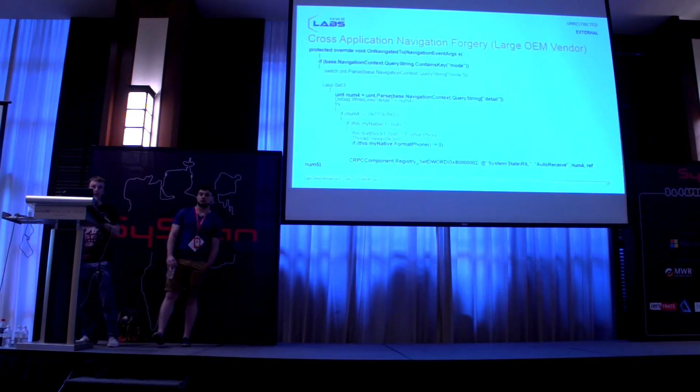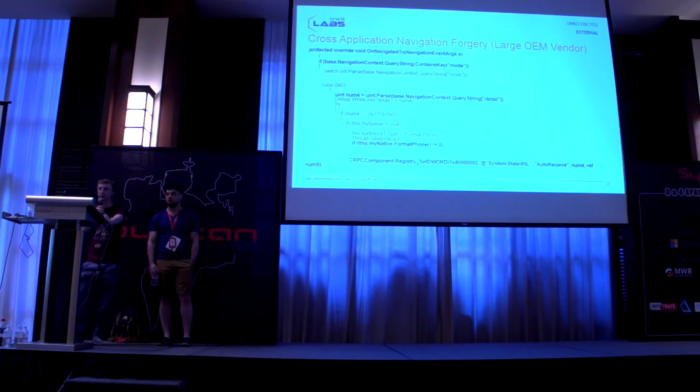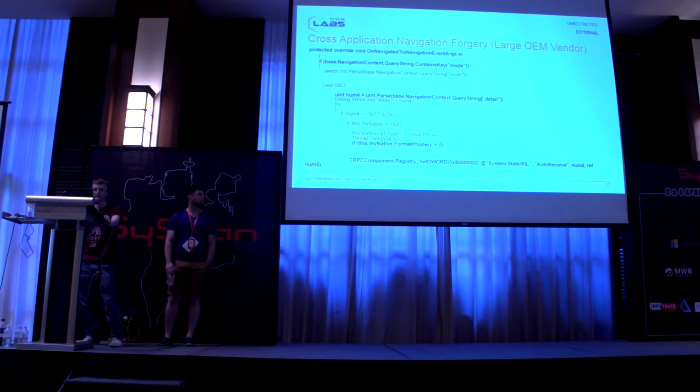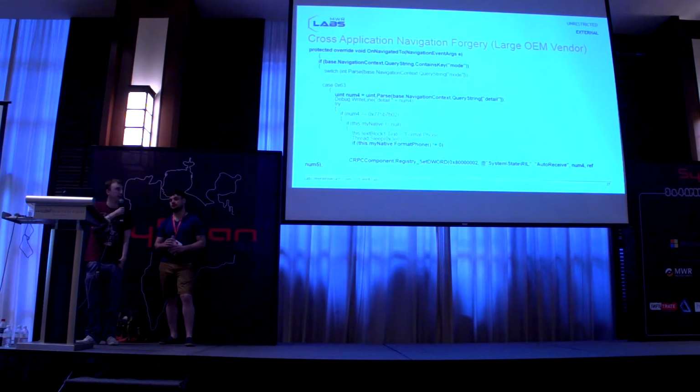So I started looking at applications to see if I could find any which were vulnerable to this type of attack. And this is a large OEM vendor which needs to remain nameless at the moment. Essentially what this does is it takes the parameters from the URI and triggers a format of the phone.